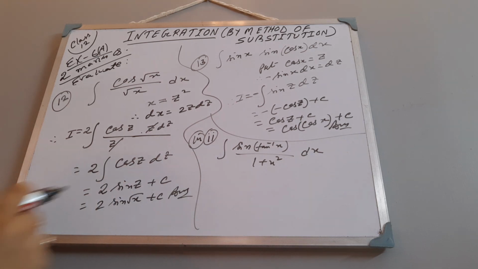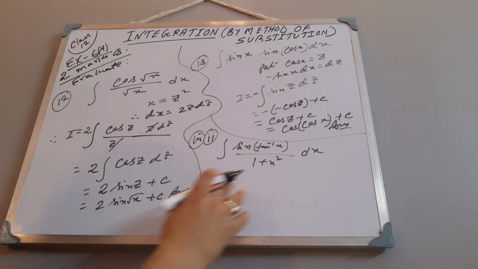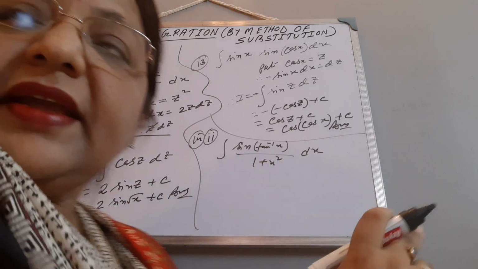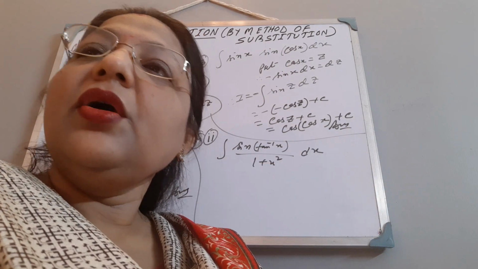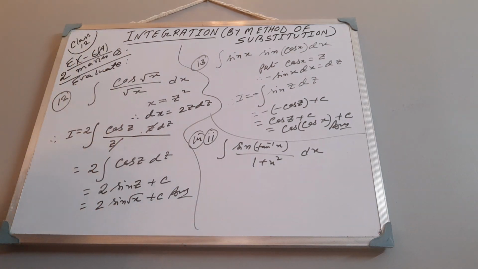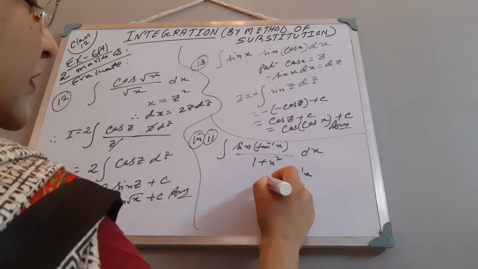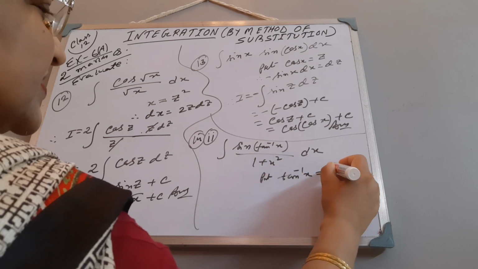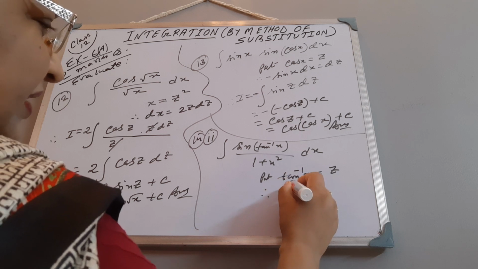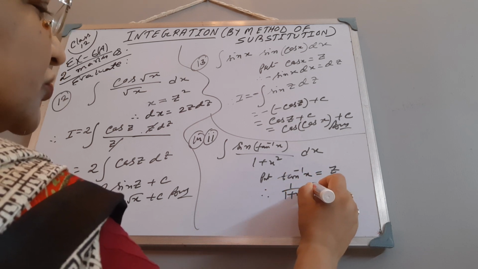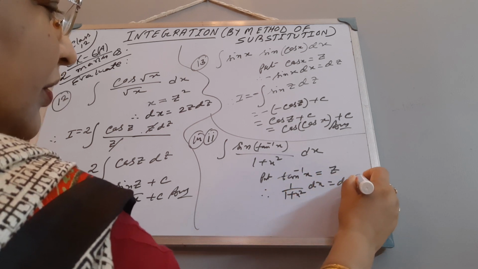We know d/dx of tan inverse x is 1 by 1 plus x square. So we write, let tan inverse x equal to z. So 1 by 1 plus x square dx is equal to dz.